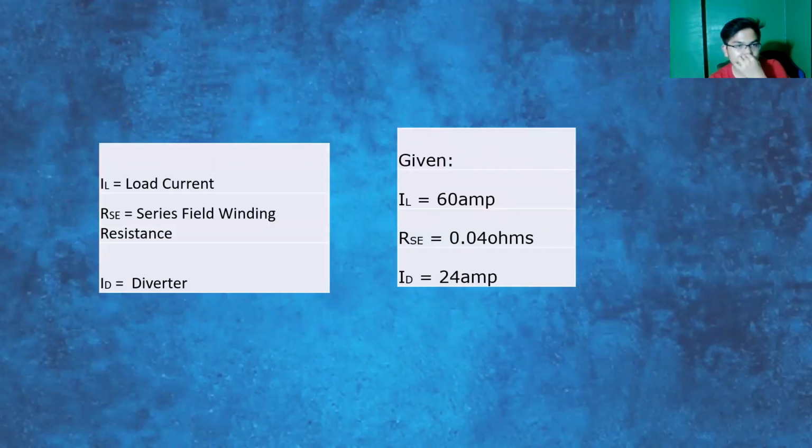So, here are the given: I sub L, the load current, R sub SE, the series field winding resistance, and I sub D, the diverter. The load current is 60 ampere, R sub SE is 0.04 ohms, and the diverter carries 24 amp.